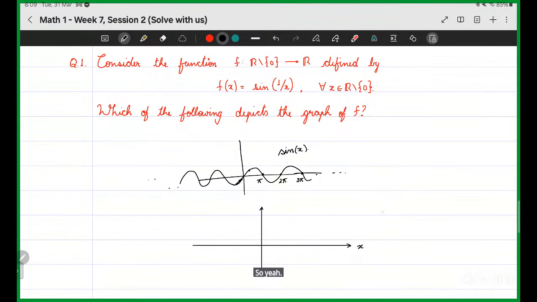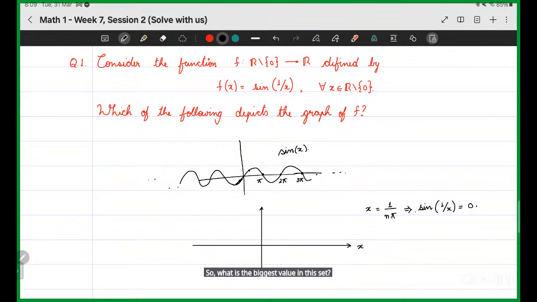So if I have x equal to 1 by n pi, then you'll have sine of 1 by x equal to 0. Is this okay? Yes, sir. So what is the biggest value in this set?